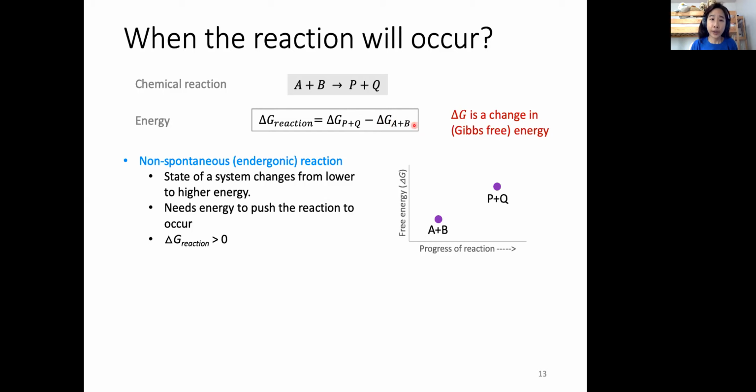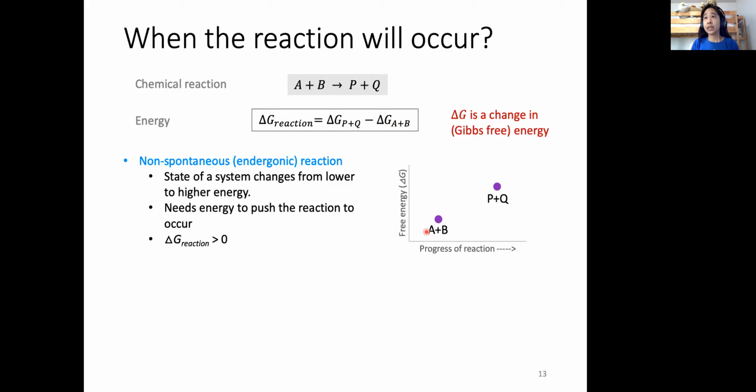We can categorize chemical reactions into two types based on whether they can happen spontaneously or not. The first one is the chemical reaction that cannot occur spontaneously. We call this an endergonic reaction. It is a reaction that needs energy to proceed.